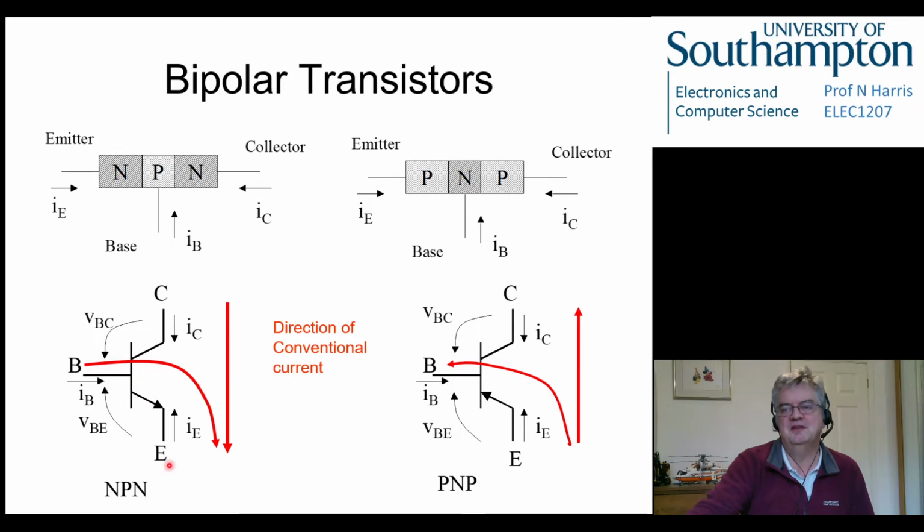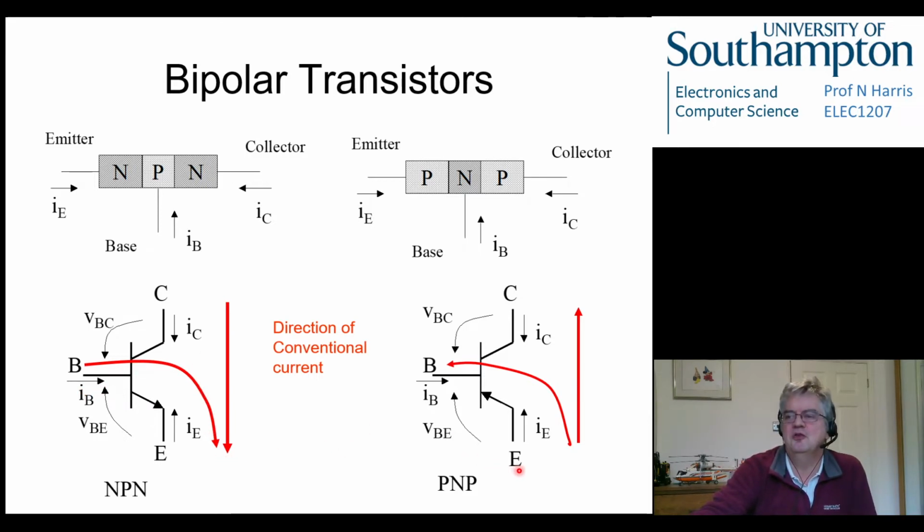So it's all being emitted from the emitter. And the way the transistor works, in principle, is that a small current going in here can control a much bigger current coming through here. So it's like this current here controls the tap. If you think of it as a water tap, you turn the tap on, you get a big flow of water. So the base current is the sort of control of the tap in that respect.